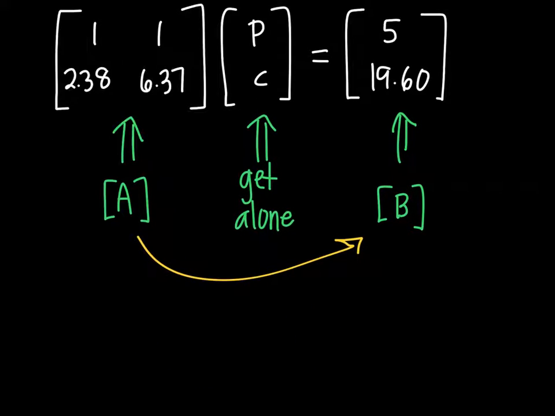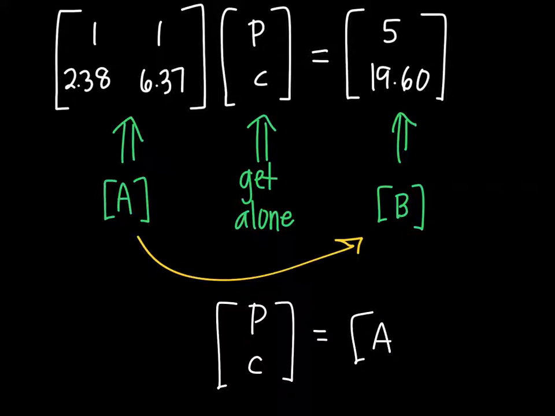So you'll have P and C by itself, and you would have A on this side next to B, but the A is what's called an inverse, and we use the little -1 as a symbol. The inverse has to be written there, and it has to go in front of the B matrix. Otherwise, you'll get an error on your calculator.